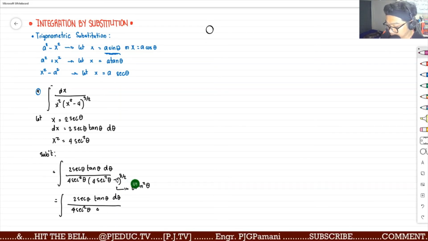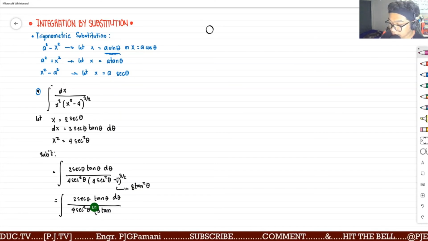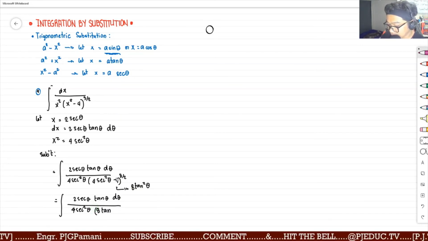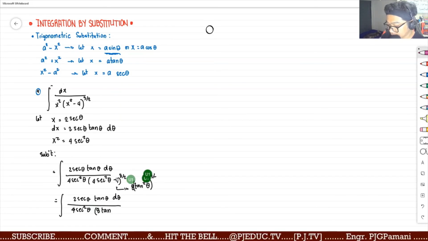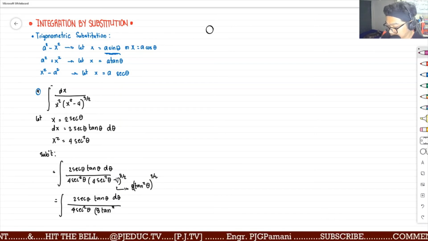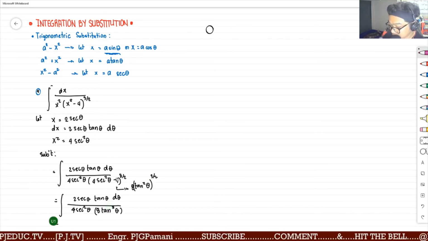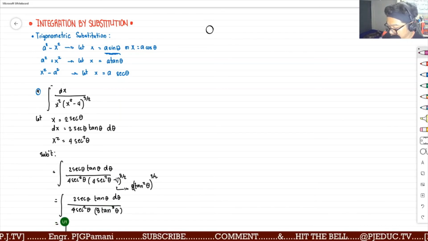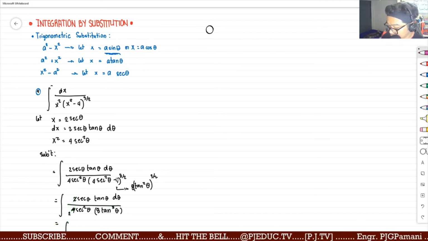That is 8 tangent squared theta raised to 3 halves is the same as 3 halves raised 3 halves is equal to 3. So, tangent cube theta. Simplify. 2 times 8, 16.